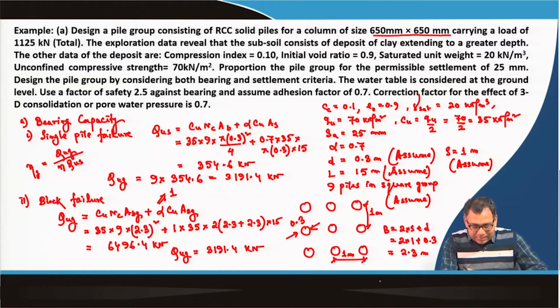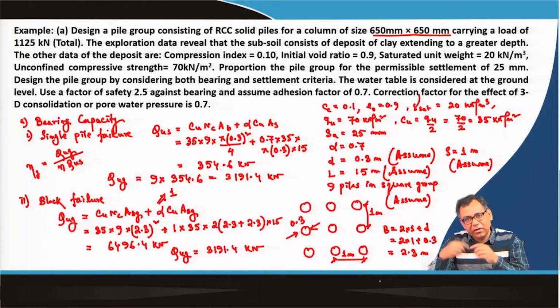So, now if I consider this condition, then this is 3191, this is 6496. So, that means group efficiency is greater than 1. No, this is not the case. Group efficiency is 1 here. As I discussed in my previous class, if the spacing is sufficiently large, then block failure will not occur.